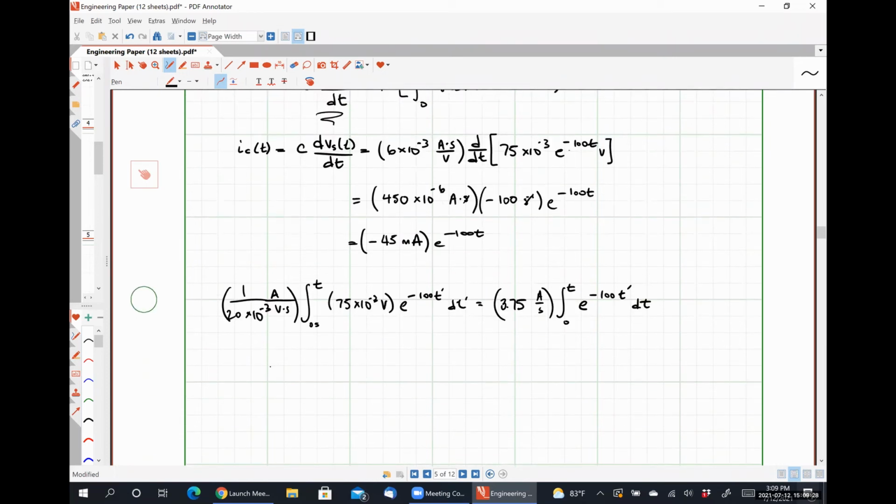So how do I do that integral? That would be negative 1 over 100 e to negative 100 t, negative 1 over 100 per second. All right, so the seconds and the per seconds are going to cancel each other out. And then I'll have e to the negative 100 t prime evaluated at t and 0.